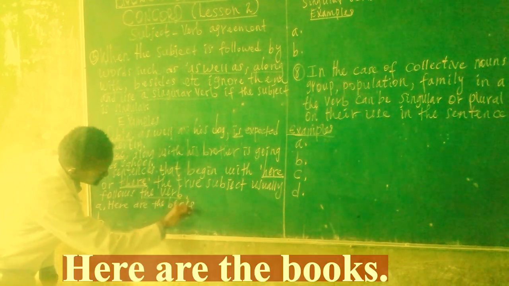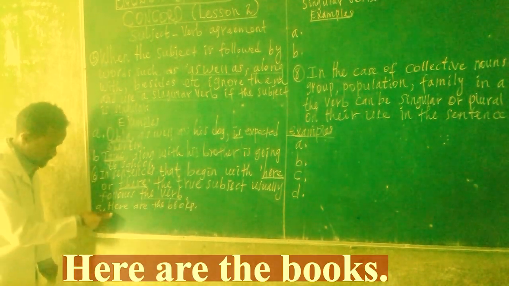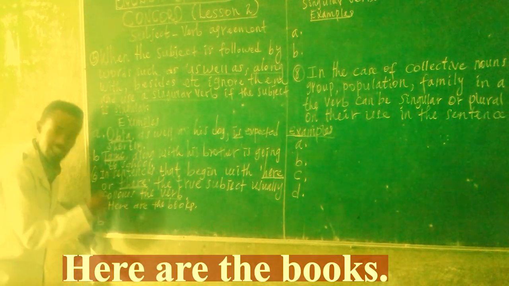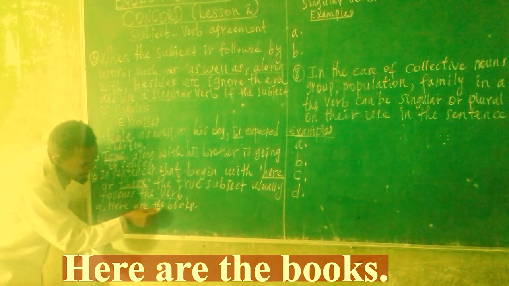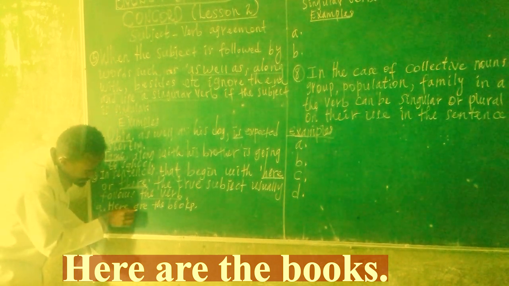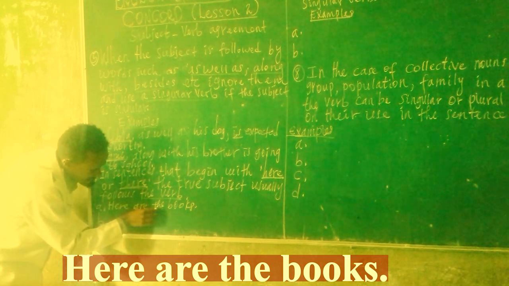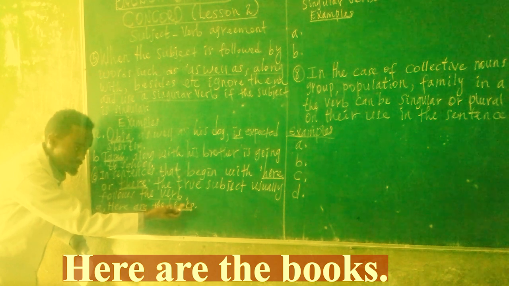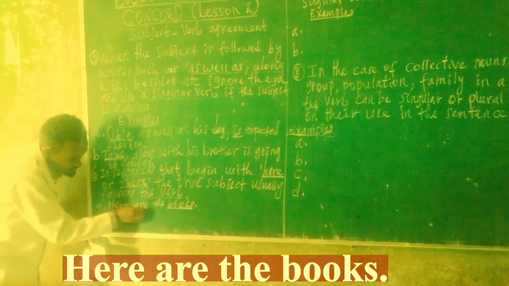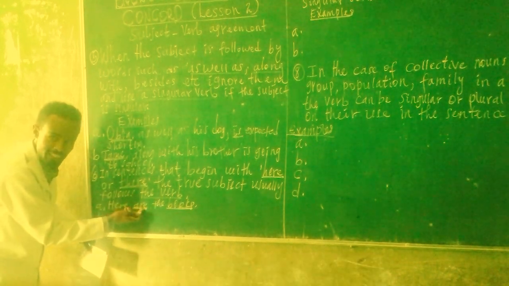Here are the books. When we say here are the books, here is not the subject. The subject is the word after the verb. The verb is are, and the subject is books. Here books is plural, so the verb must be plural.